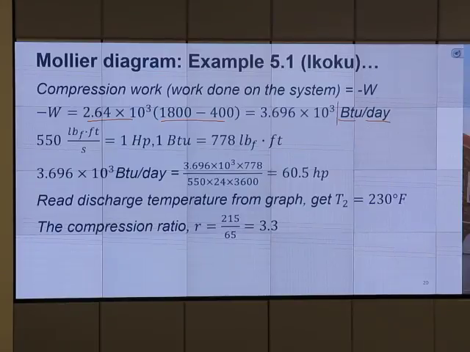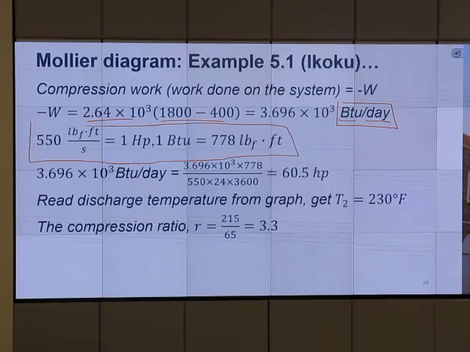Now we have to convert BTU per day to horsepower, okay? I give you this conversion factor and we'll give you again if you need it. You don't memorize this, but it's easy to memorize. We know that 1 horsepower equal to 550 pound-force foot per second. So horsepower is the unit of power.